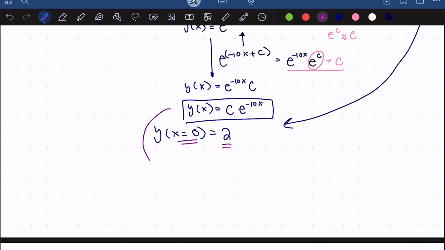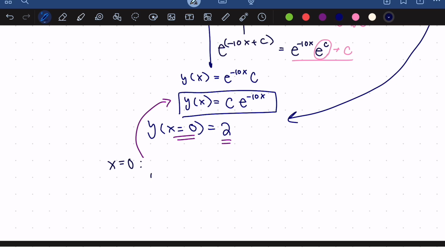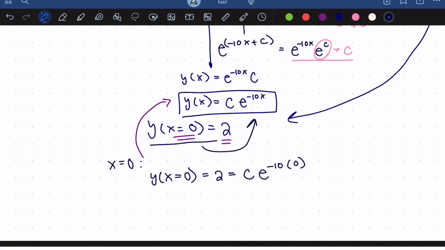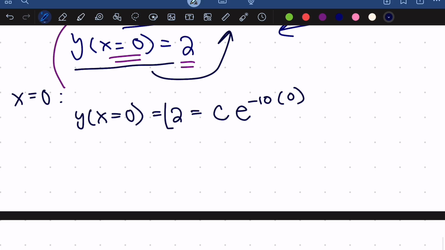So we could apply that to our question and say, when x equals 0, y of x equals 0 becomes 2. So 2 equals c e to the negative 10 times 0. I simply just plugged this boundary condition into the equation we found, which gives us this.